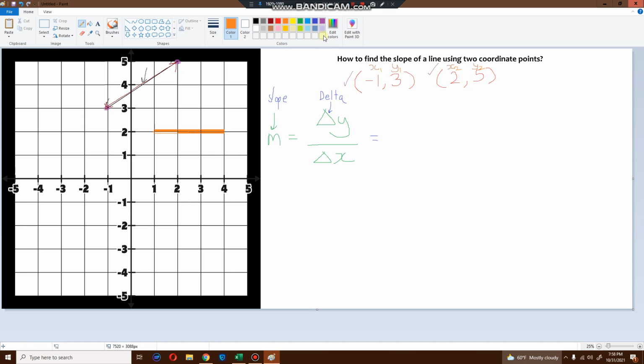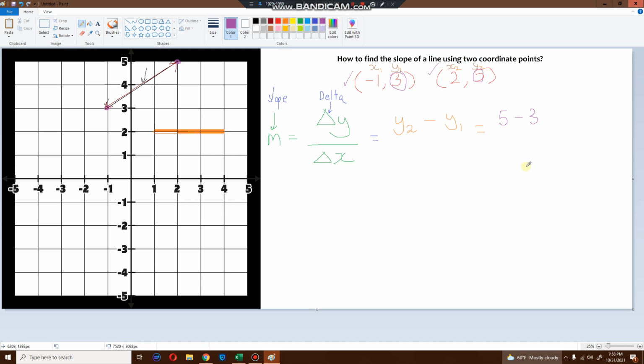Now, going back to delta y, it simply means you take the value at y sub 2 and subtract the value at y sub 1. So what does that mean? It means I'm going to take this value right here, which is 5, and subtract this value here, which is 3.